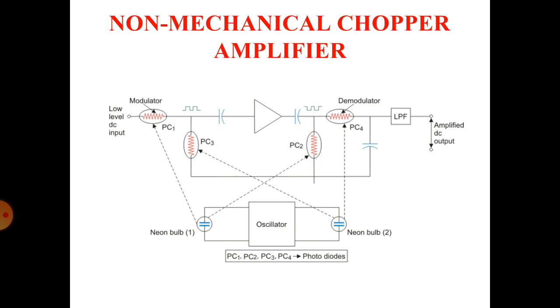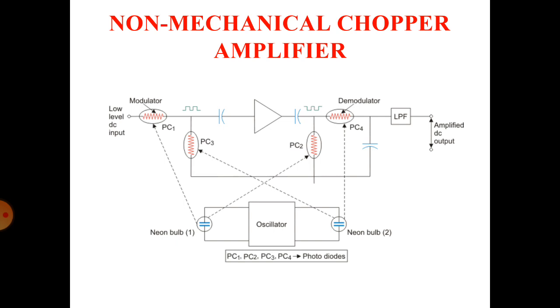The modulator circuit modulates the signal, which will be given to the amplifier and the demodulator circuit. The demodulator circuit separates the message from the modulated signal, and then it will be given to the low pass filter.